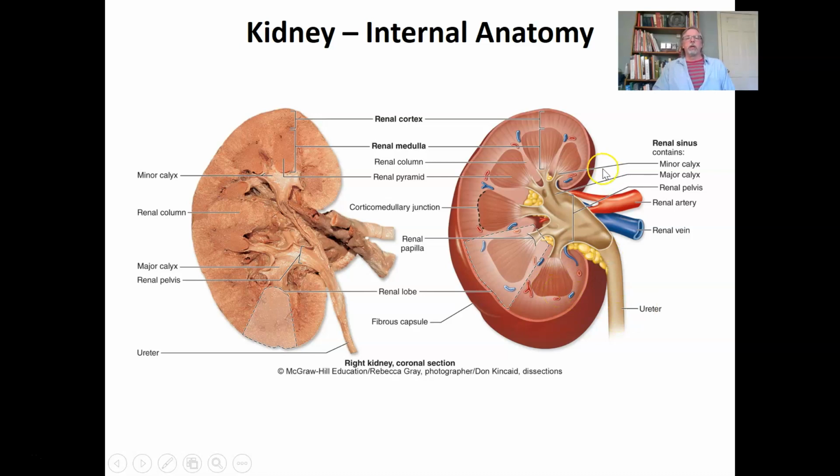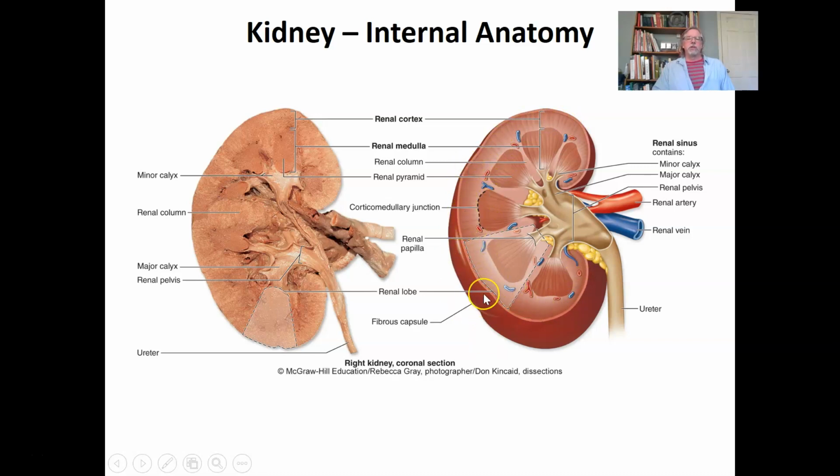All right, so here's the cortex. Let me point it out on the diagrammatic version first. That runs around the outside, all the way from the medial surface here, all the way around to the lateral surface. That's the cortex, a little bit lighter red in color.